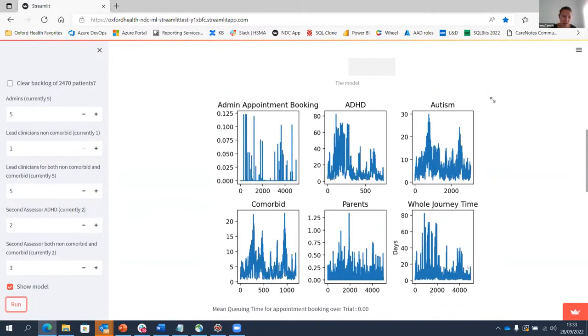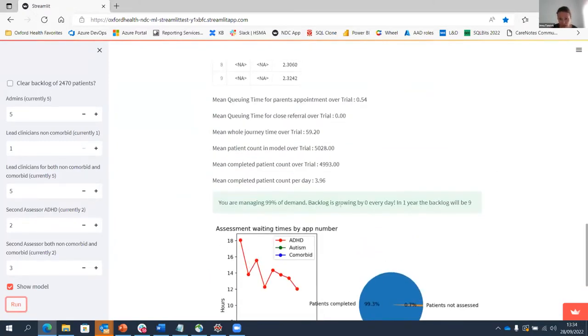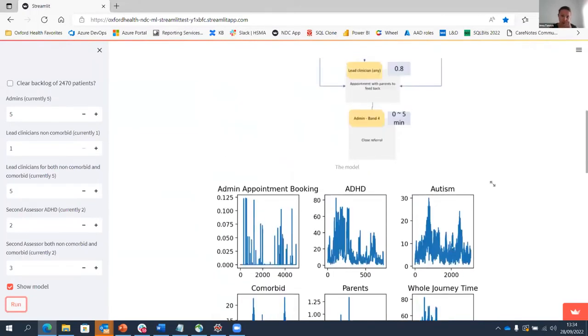You can see that by recruiting just one second assessor, both, it reduces the waiting time dramatically. You can also see they are managing 99% of the demand by only recruiting one resource. However, ADHD is still quite high here in number of days.